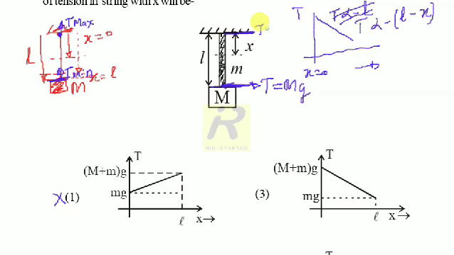So T is equal to the maximum tension, (M plus m) into g. So we have to consider that when x equals 0, the tension is (M plus m) g, and when x equals L, the tension is Mg. This is the minimum tension.